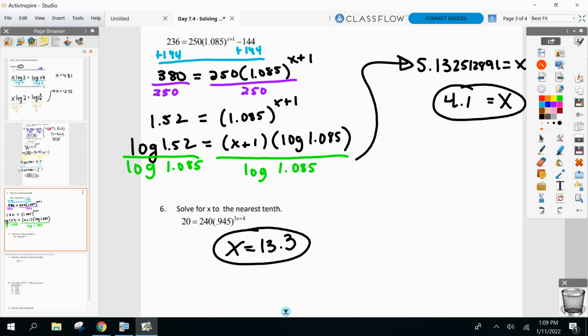Subtract 4, that's where I got stuck though. So now you're at 3x plus 4. No divide. So you have log of 1/12 divided by log of 0.945.